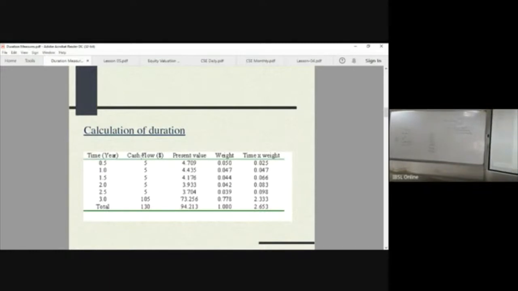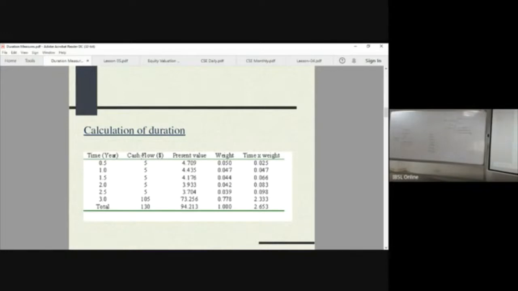Now you all should do this calculation by replacing the coupon payment. Coupon payment should be taken as 8%, and do the calculations again. With that calculation, the present values you should get: when the time is 0.5, the present value would be 3.767.